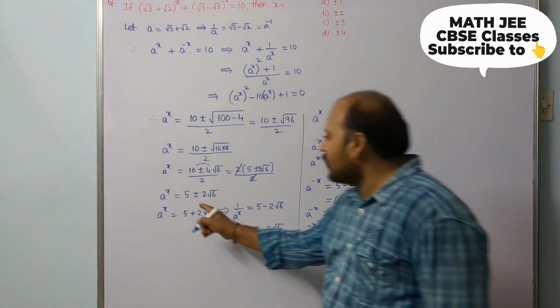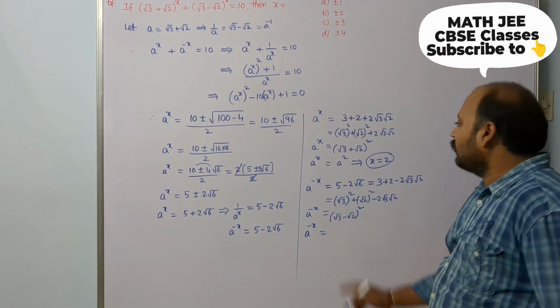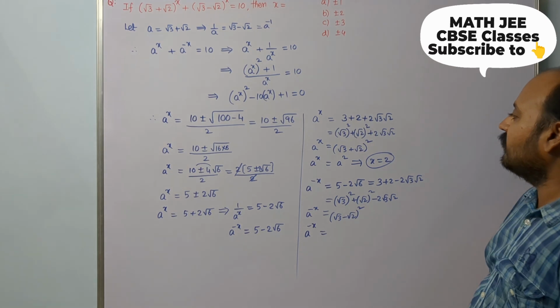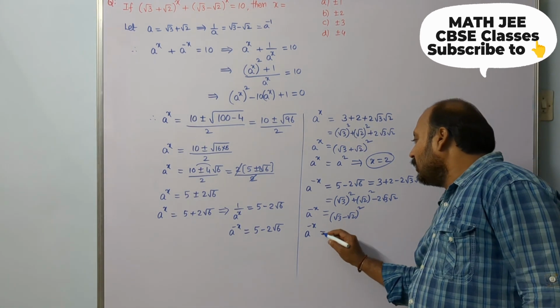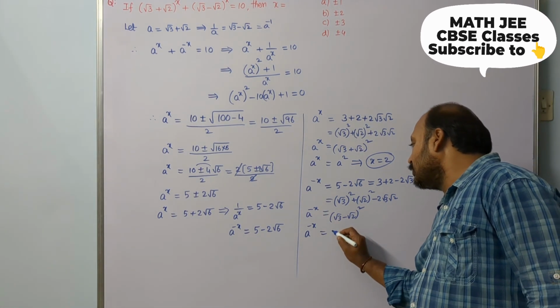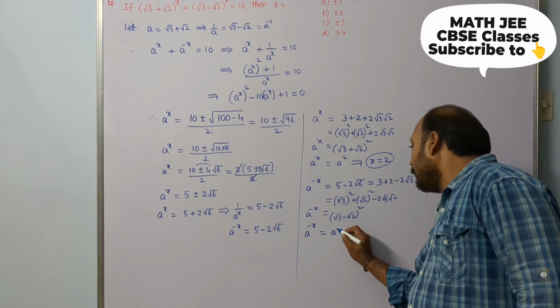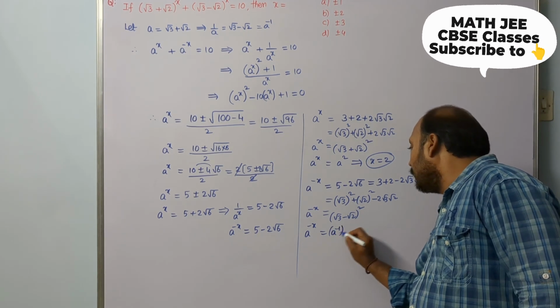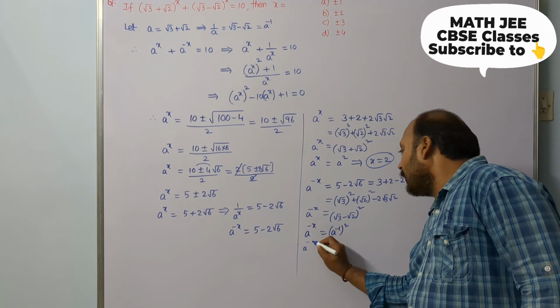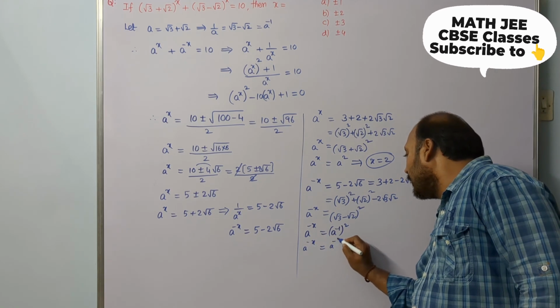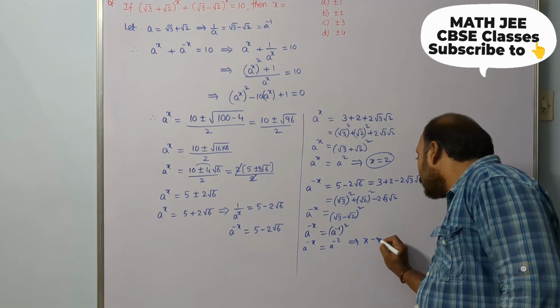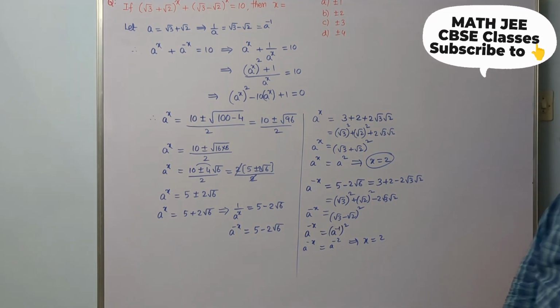Here two cases if we take, it is minus 5 minus root 6. Another one, a power minus x equal to a power minus 1 whole power 2. A power minus x equal to a power minus 2. In this case also x equal to 2.